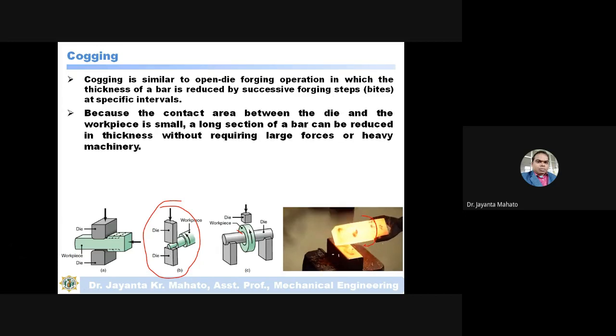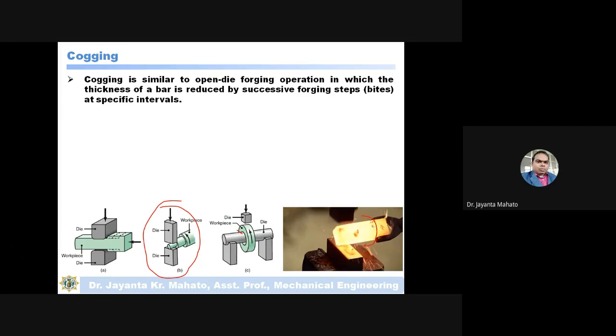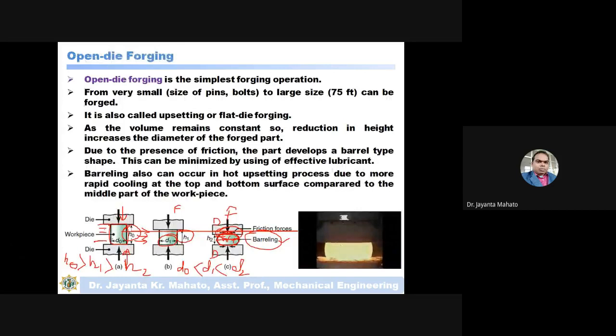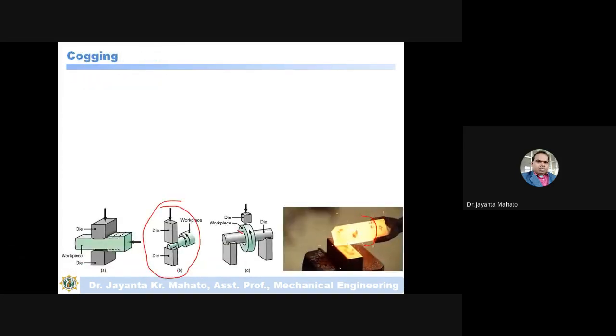Because the contact area between the die and the workpiece is small, means here the contact area between the workpiece and this hammer is very less compared to the previous one. So in this case, just see here, the contact area between the die and workpiece is more, but in this case, the contact area is less.